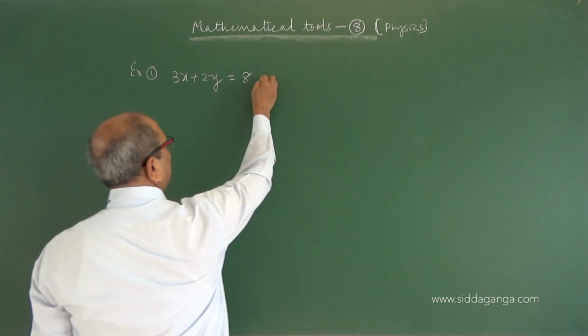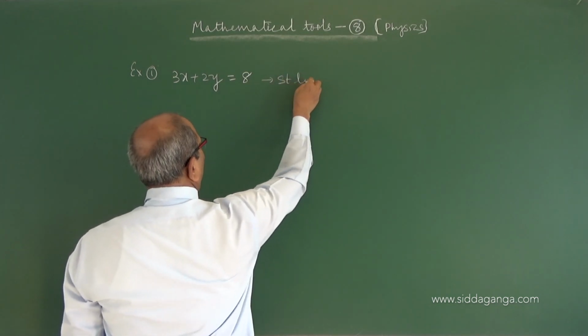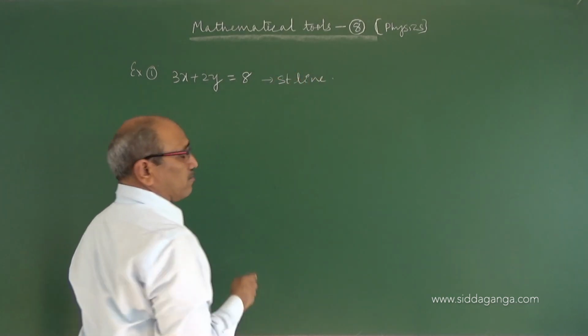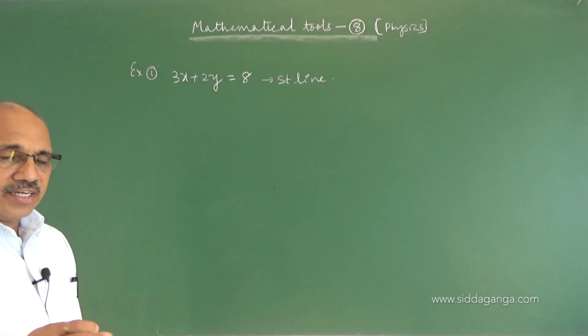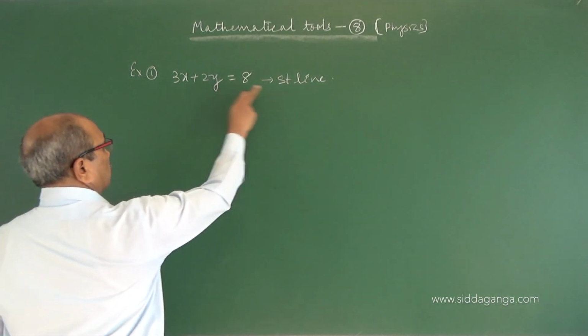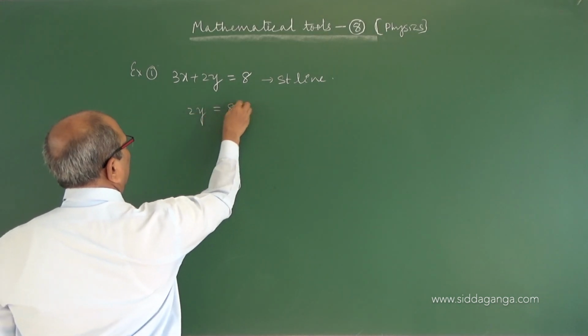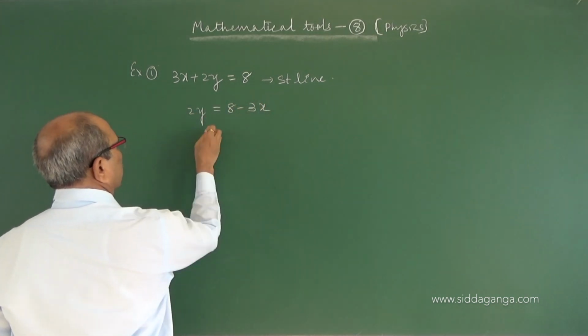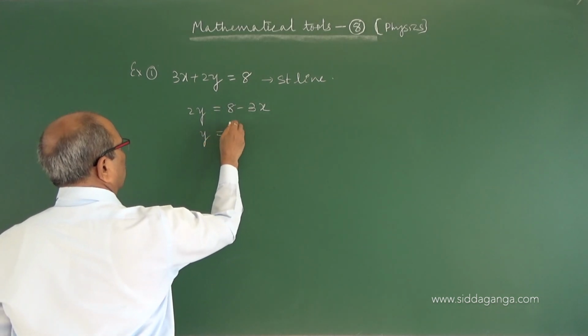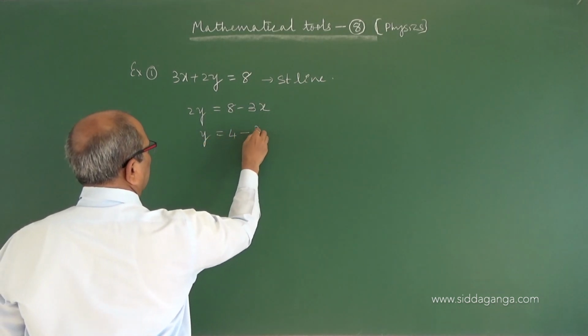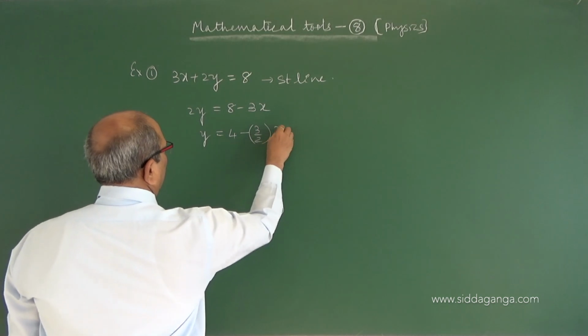Immediately we can say it is a straight line. The locus of the points obtained from this equation is a straight line. Suppose you want the slope and intercept: 2y equal to 8 minus 3x, or y equal to 4 minus 3 by 2 x.